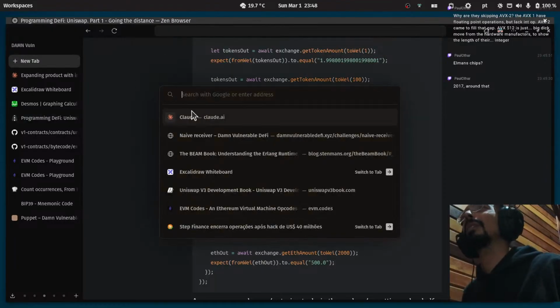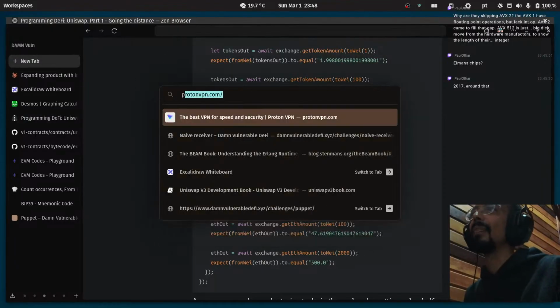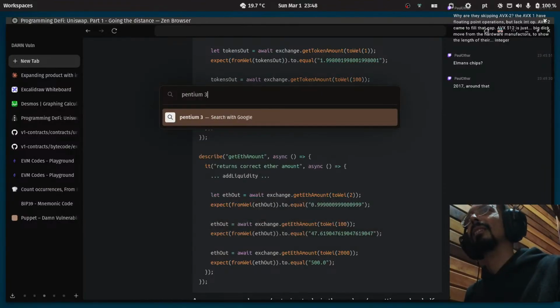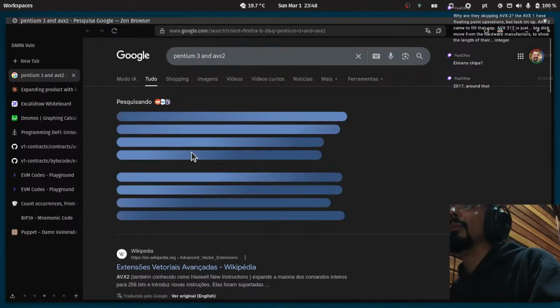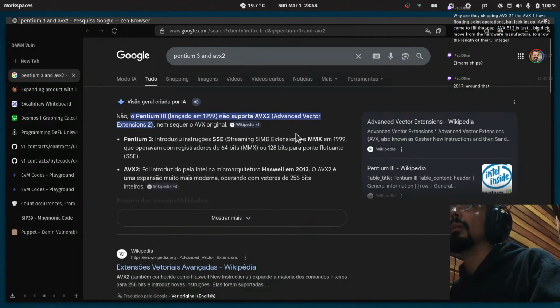I don't think it was 2027. Pentium 3 and AVX2. Maybe I'm crazy. Oh, SSE. Oh, yes. Okay.